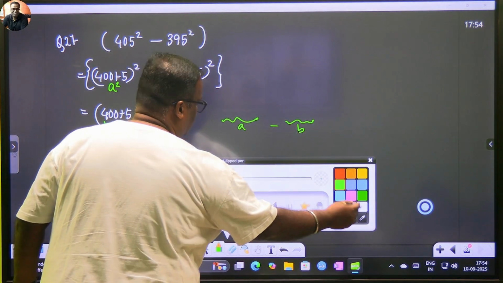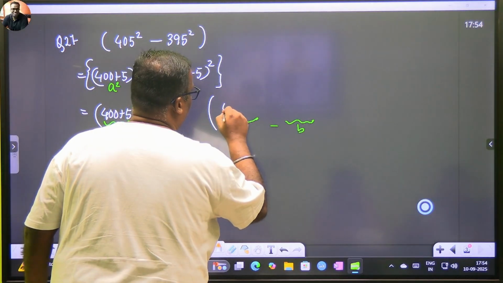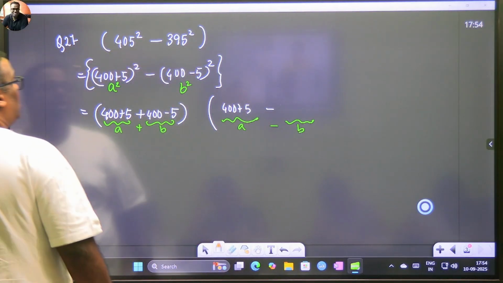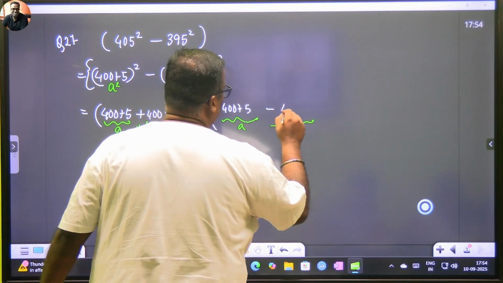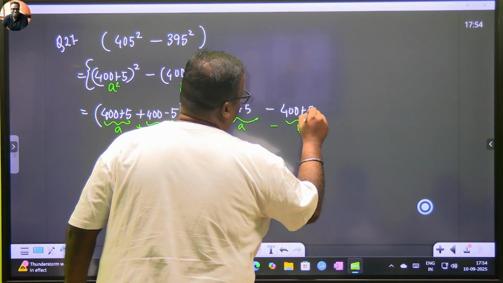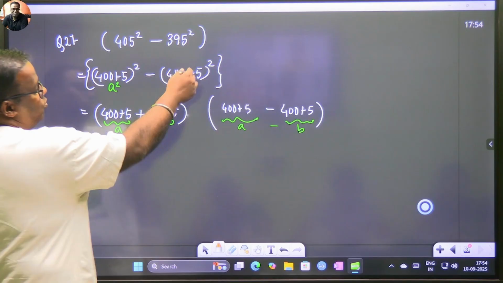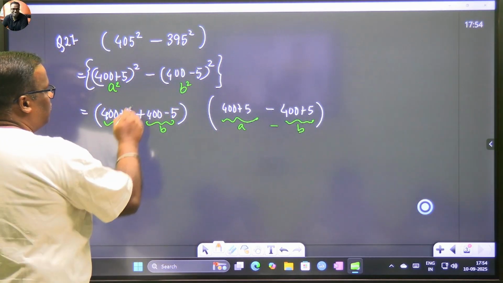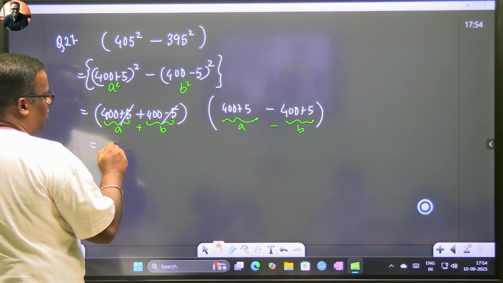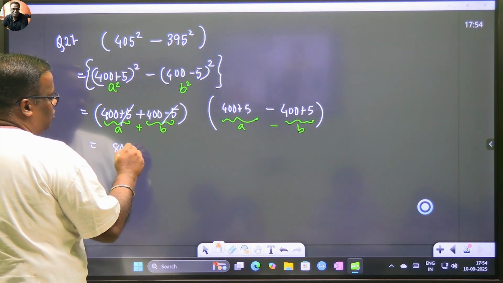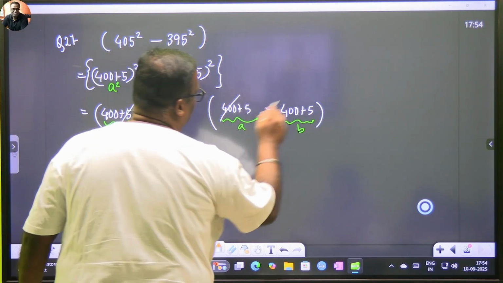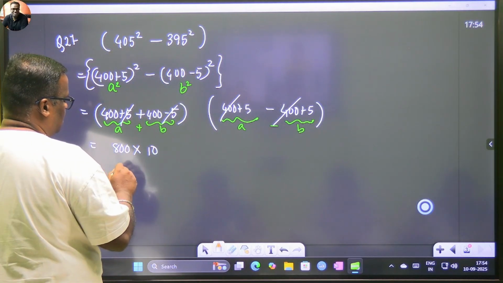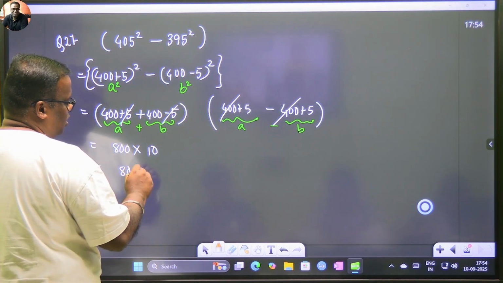What is my a? 400 plus 5 minus 400 minus 5. So it will become minus 400 and plus 5 out here, because the minus sign applies to the whole thing. Now it is easy. Plus 5 minus 5 cancels. This becomes 800 being multiplied by 10, since 400 cancels and 5 plus 5 is 10. The answer is 8000.